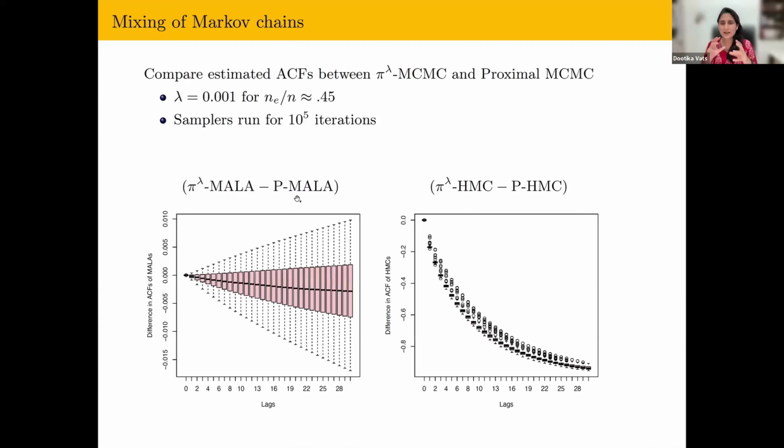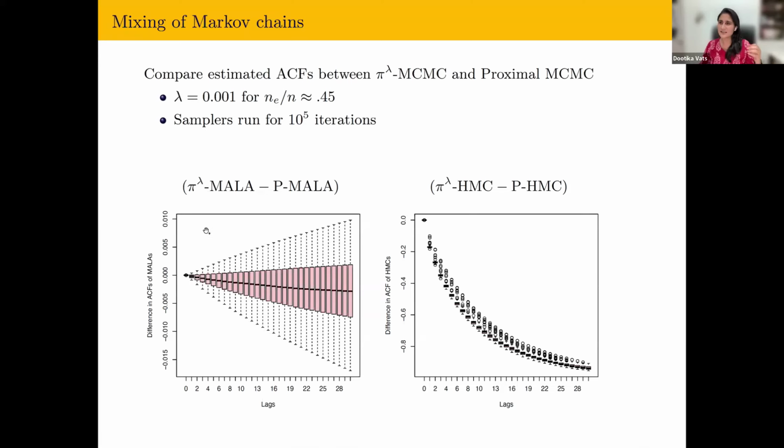And here, this is just an effort to show the quality of mixing in the two samplers. So this is like the difference in the ACF plots. Bear in mind, these are two completely different targets. So I'm sort of comparing apples to oranges, but because these are autocorrelations, I can sort of compare them. So this is pi lambda MALA and P-MALA. And if I look at the difference between them, I see that there's not much significant difference across the lags.